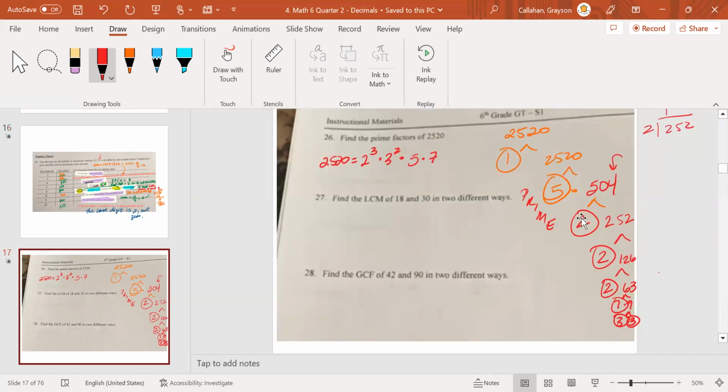All right, let's take a look at this part right here. 26, 27, 28. Lowest common denominator. Do you need me to go over this with you? I got this one. For number 27, you know how to do this in 2 different ways?